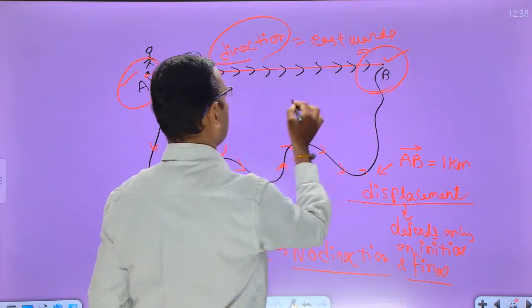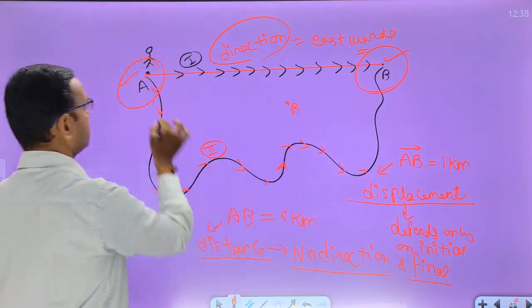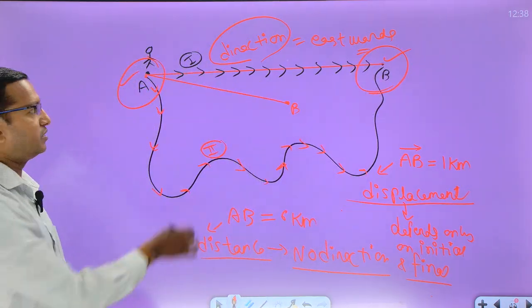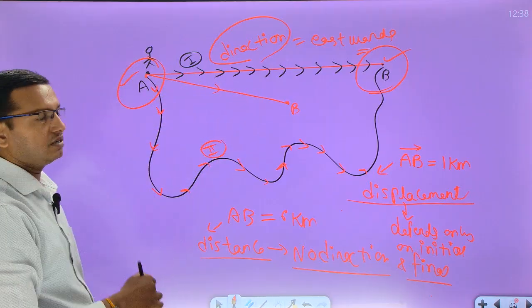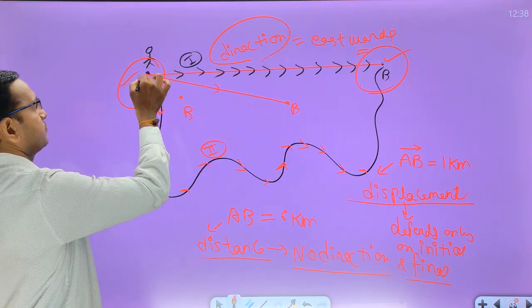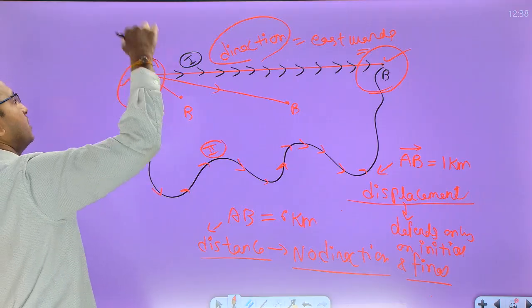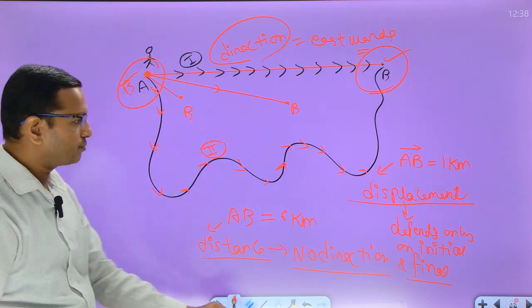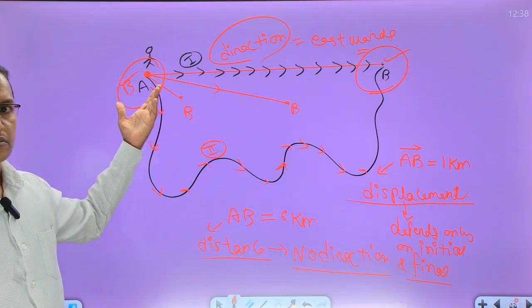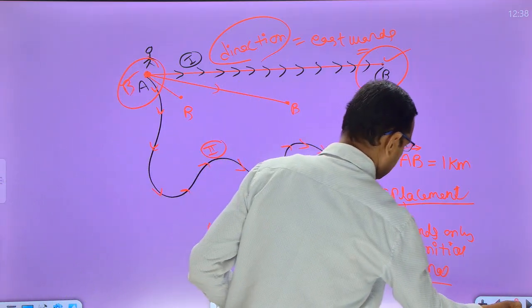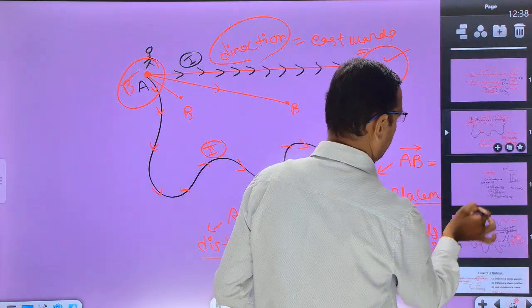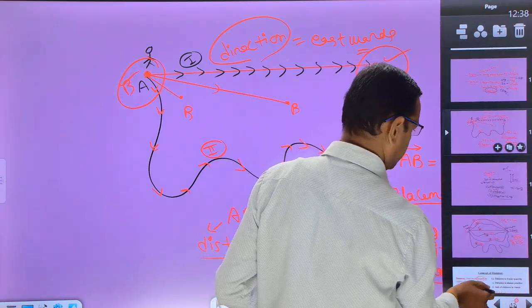For example, if point B is somewhere here, this is the displacement and the direction is somewhat tilted. If A and B are coincident, then displacement will be 0. Hope you are getting my point. So the initial and final points are important for displacement.